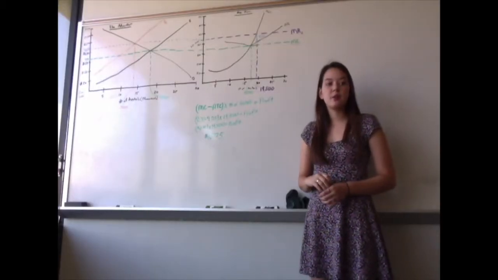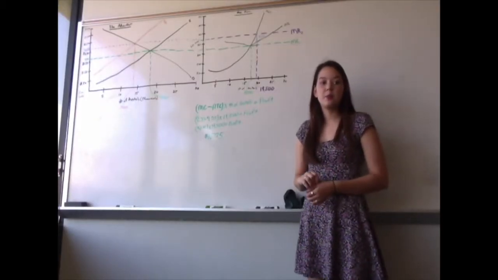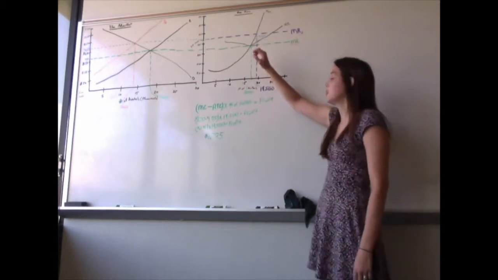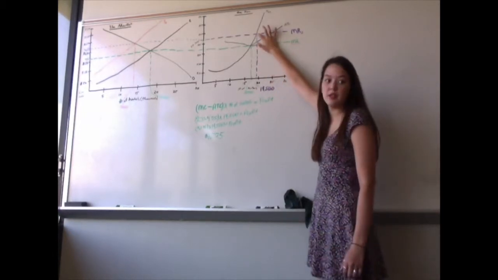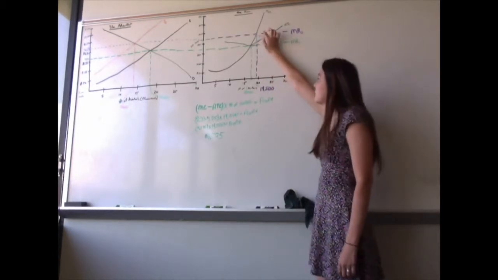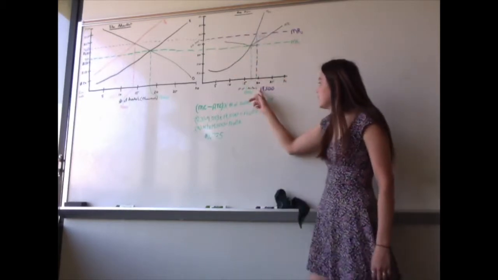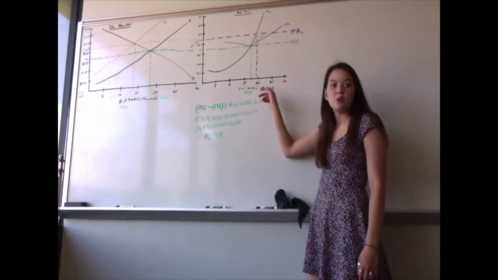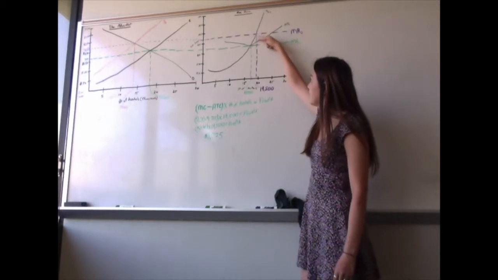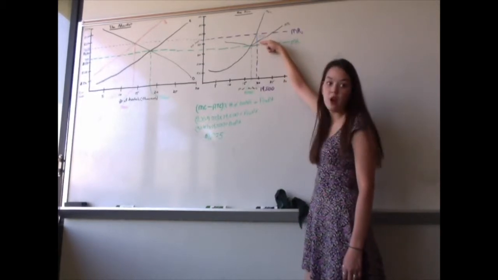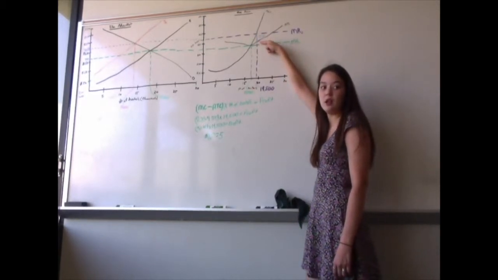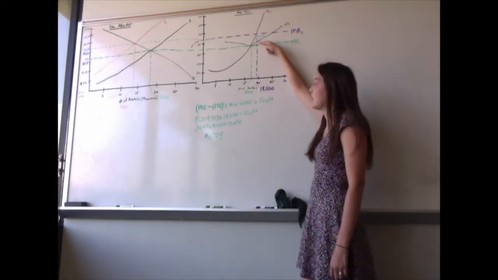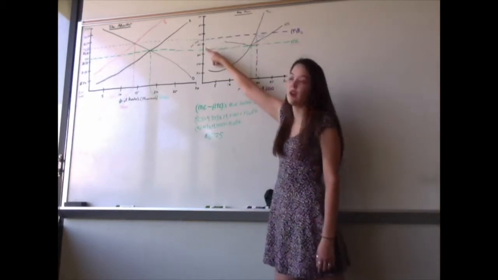In order to find the profit, we will begin at the point where the marginal cost and the new marginal revenue intersect. The point is $2.20 and 19,500 bushels. We will follow that line down until we hit the average total cost line. At that point, we will read that the average total cost is $1.75.